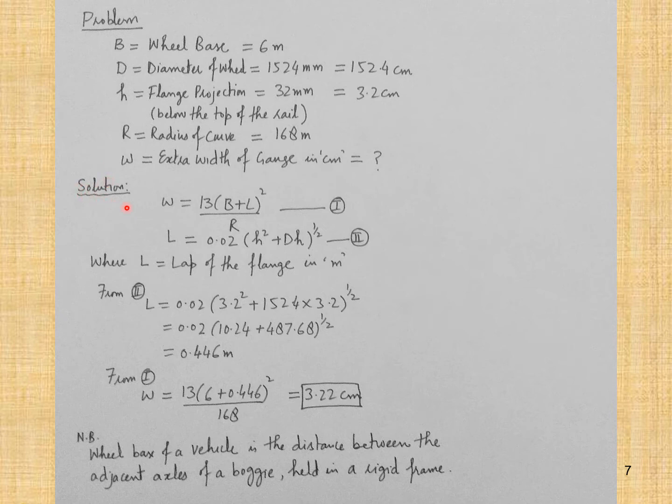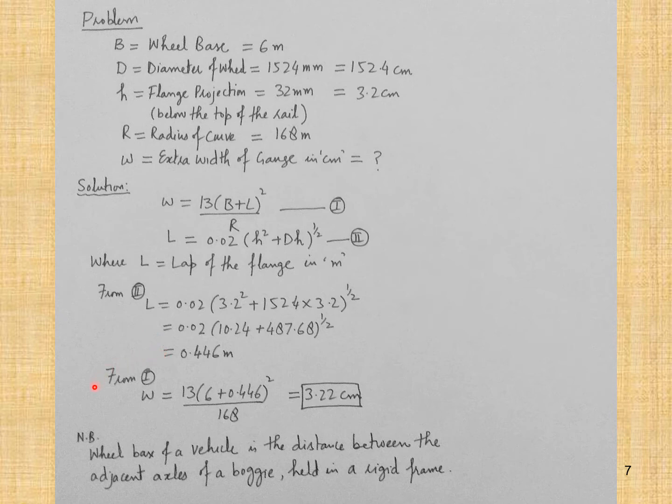Now the solution, we are going to use these two formulas, keeping in mind that L is the lap of the flange in meter, the horizontal length which is being covered by the flange of the wheel. So using equation number 2 first, you can calculate the length of the flange, and that comes to 0.446 meter.